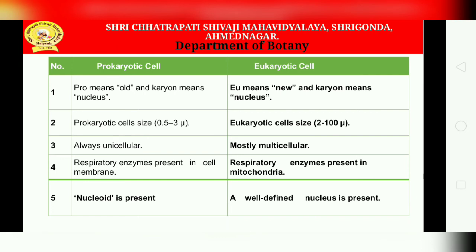Next, the respiratory enzymes are present in the cell membrane in prokaryotes, whereas in the eukaryotic cell they are present in the mitochondria. Next, in the prokaryotic cell a well defined nucleus is absent, rather a nucleoid is present, whereas in eukaryotic cells a well defined nucleus is present, enclosed within the nuclear membrane.